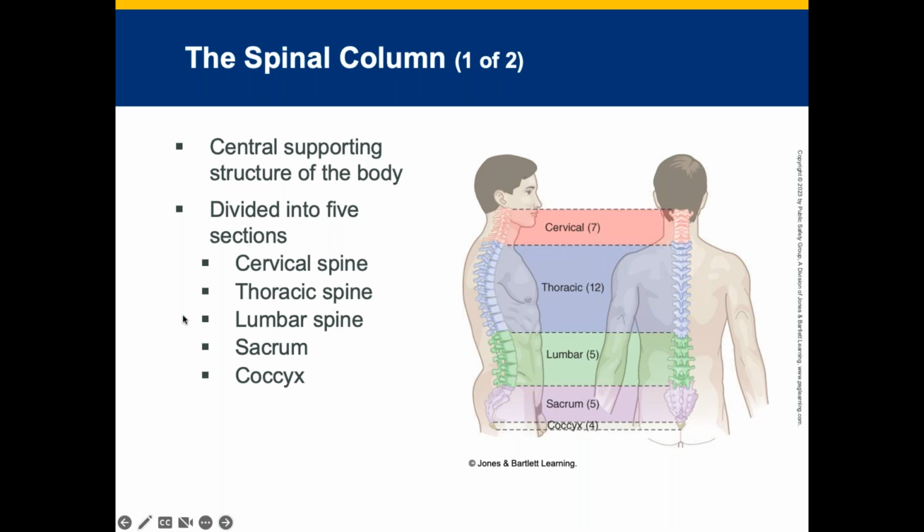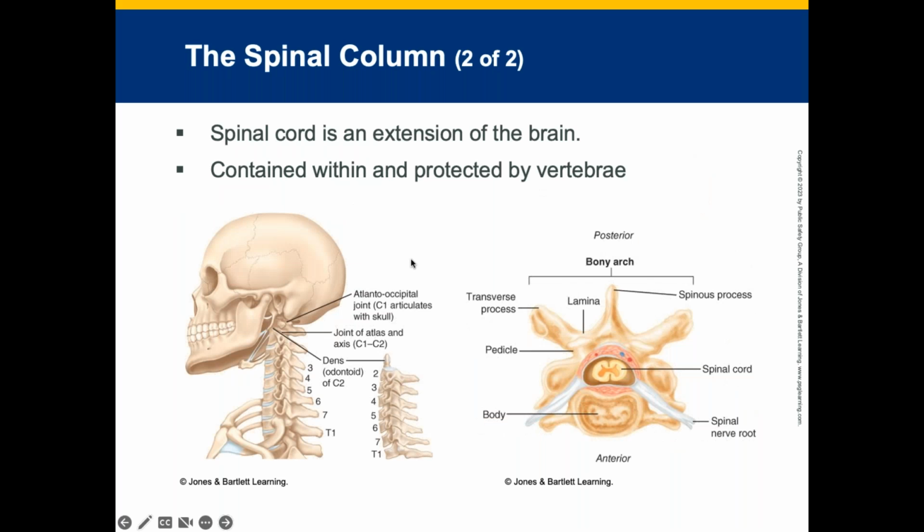A lot of this is review. So the first cervical vertebra, C1, is called the atlas. The atlas articulates with the occipital condyles at the base of the skull, at the atlanto-occipital joints.